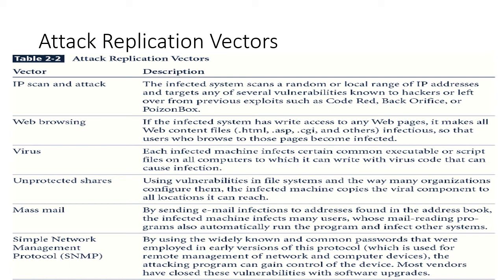So some attackers make use of these unprotected shares to exploit our systems. Then mass mail: by sending email infections to addresses found in the address book, the infected machine infects many users whose mail reading programs also automatically run the programs and infect other systems.